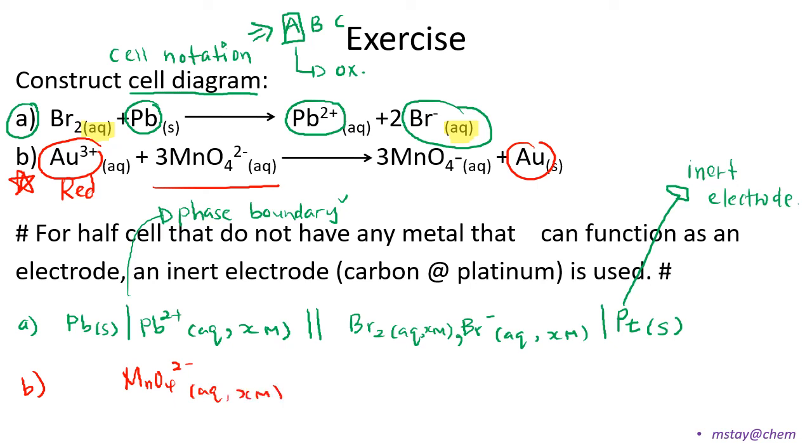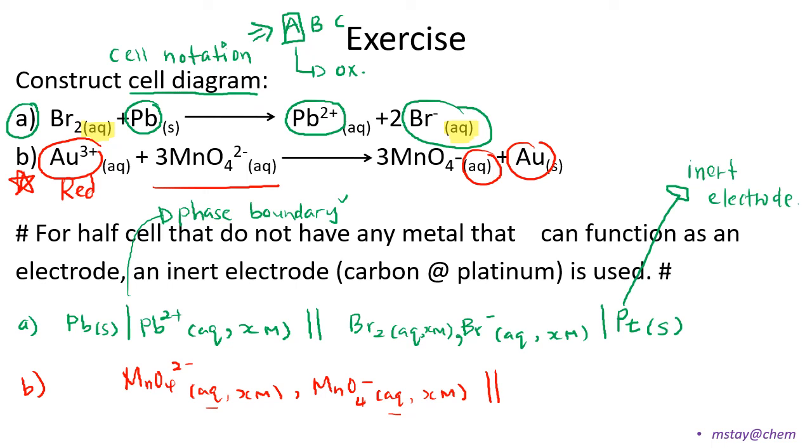And then you will again notice this is also aqueous. So that means we are going to put a comma, MnO4 negative aqueous X molar. And then we are going to draw the salt bridge. Again, in this case there is also an aqueous solution, and there is always a metal immersed in the solution.